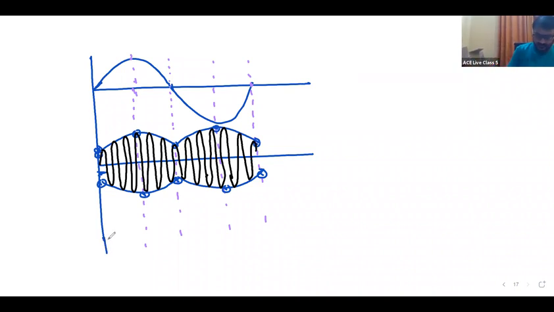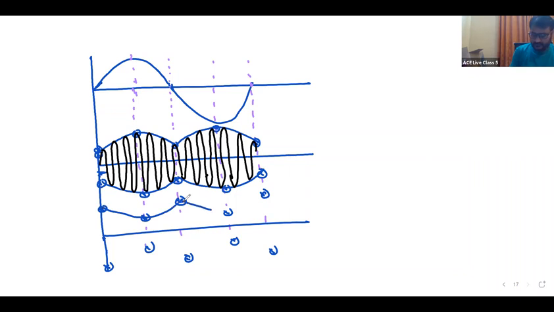And lastly, this is the armature voltage waveform.